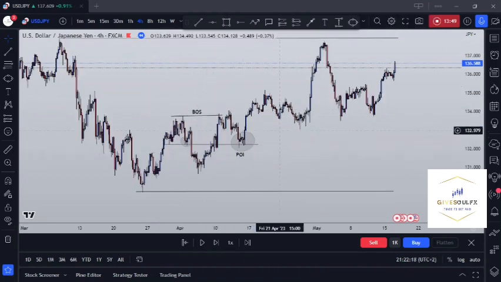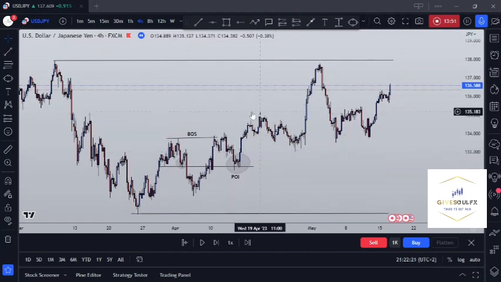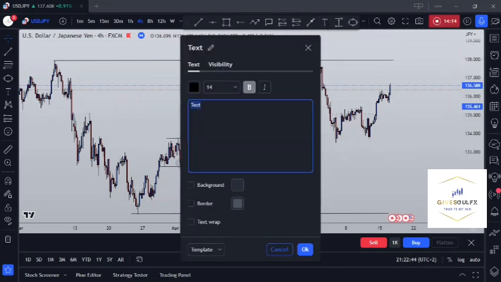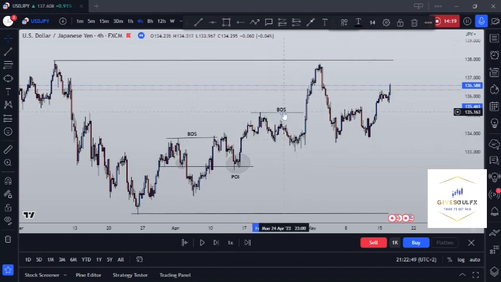My break of structure and my point of interest here. Then price moved again back to the upside, creating another high here, and a pullback. After this high was created, then the pullback was formed. You have to look at your break of structure here and then identify the previous low.